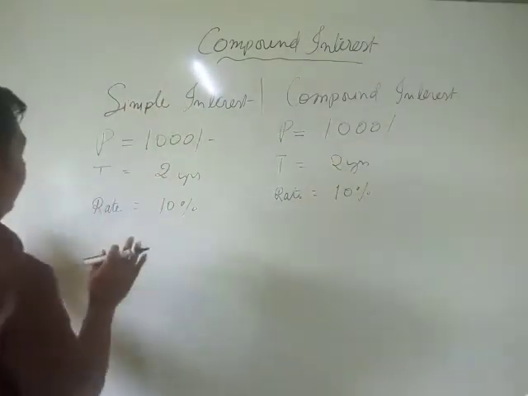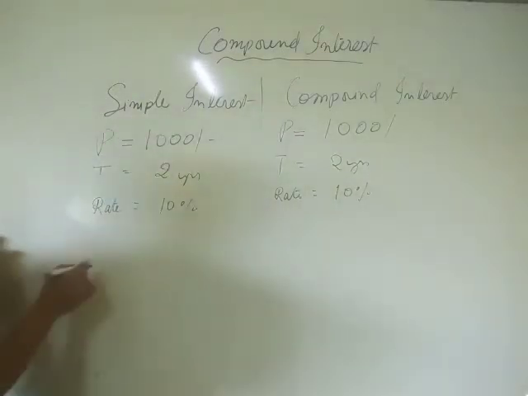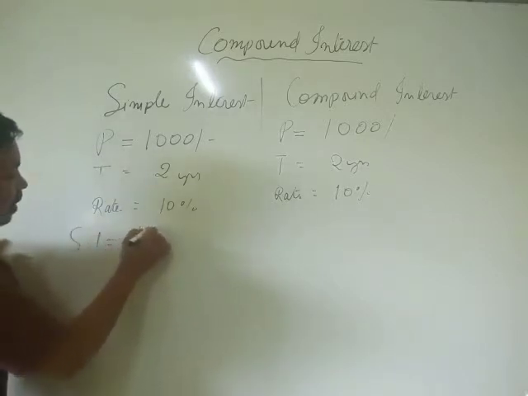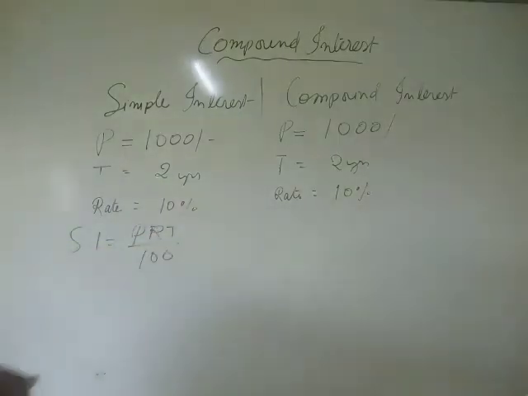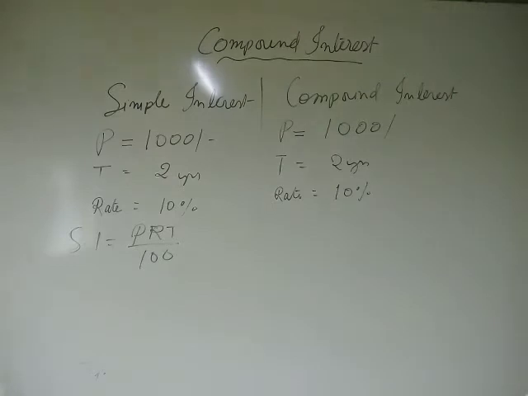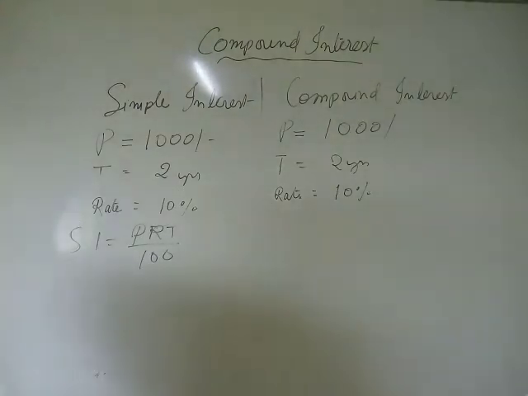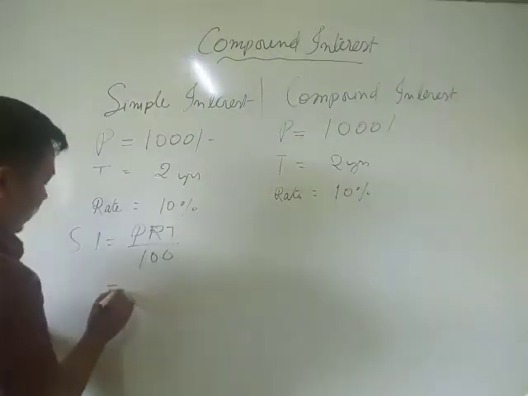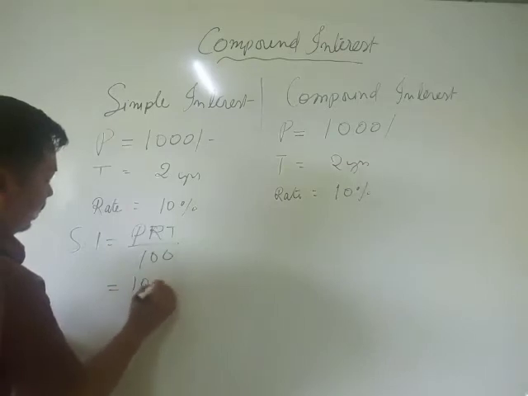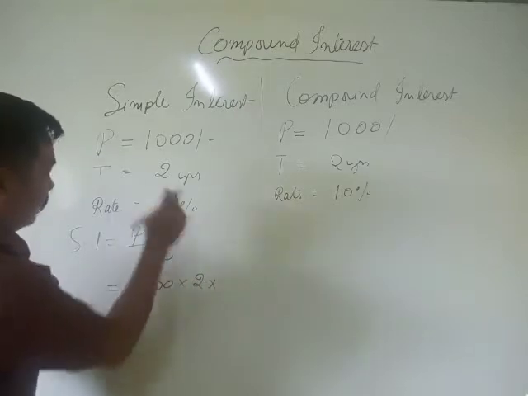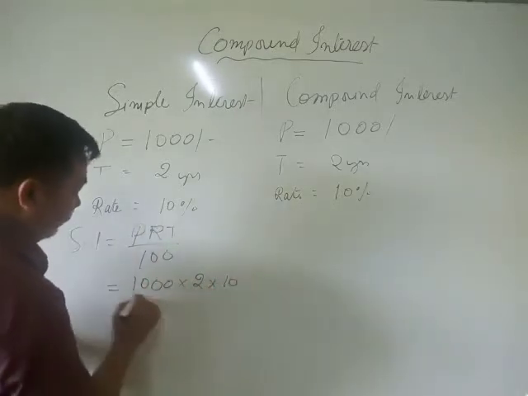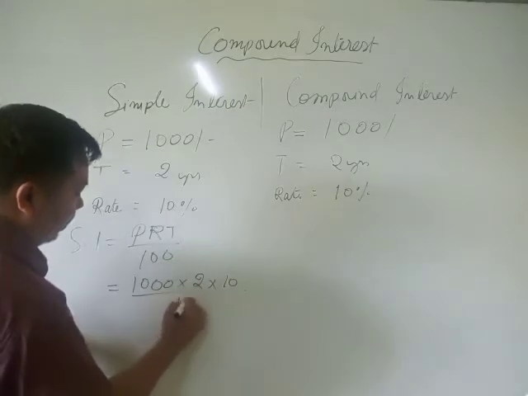For simple interest, how can we find out simple interest? Simple interest SI is equal to PRT by 100, isn't it? That means principal is 1,000 here, into rate is 10, time is 2, then this 100 will be down.